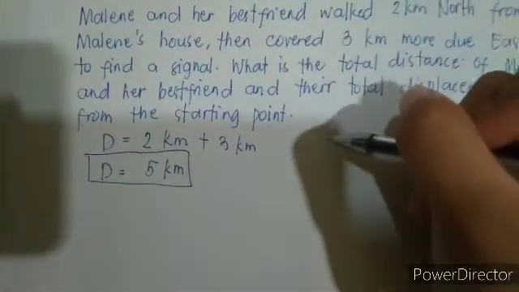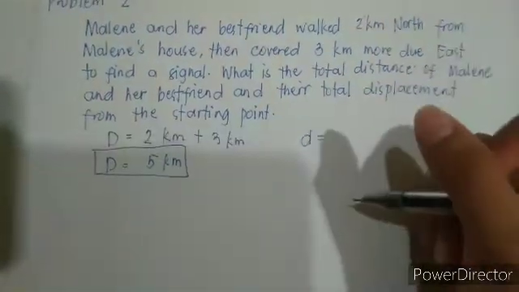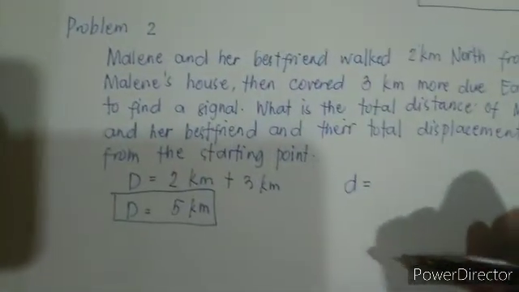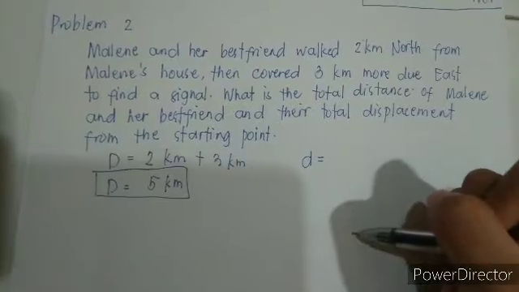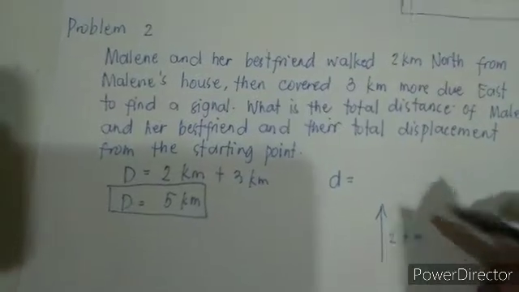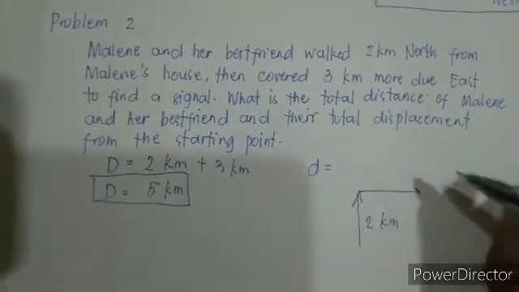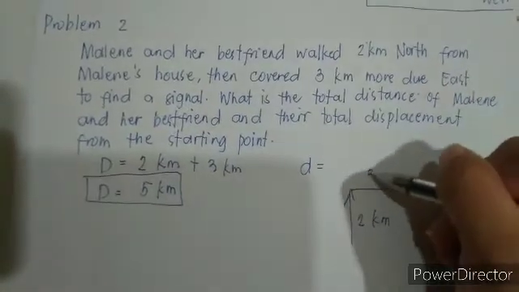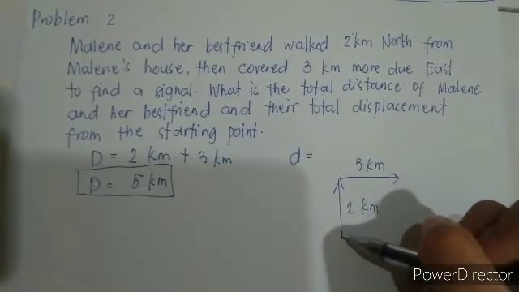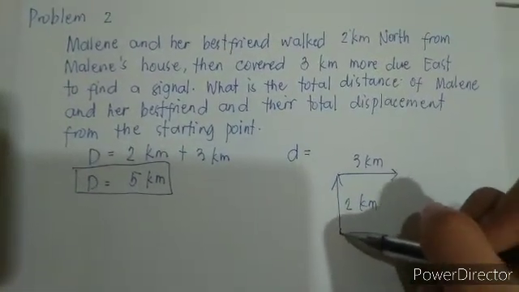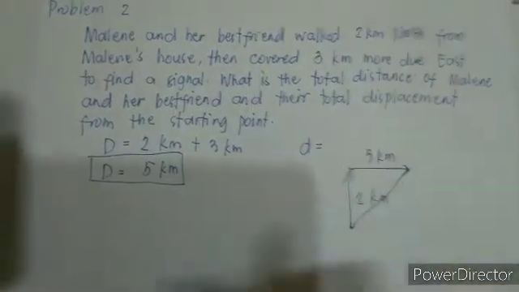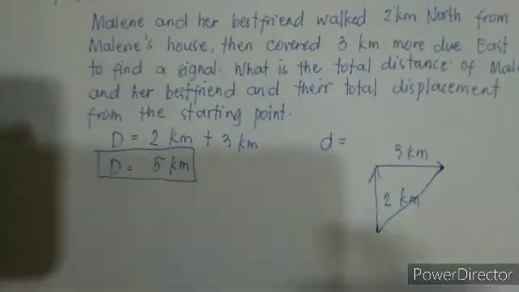And let's have the displacement. Let's illustrate first their displacement. So 2 kilometers north, and then 3 kilometers east. So their displacement is from the initial point to the final position. Let's have the Pythagorean theorem again.